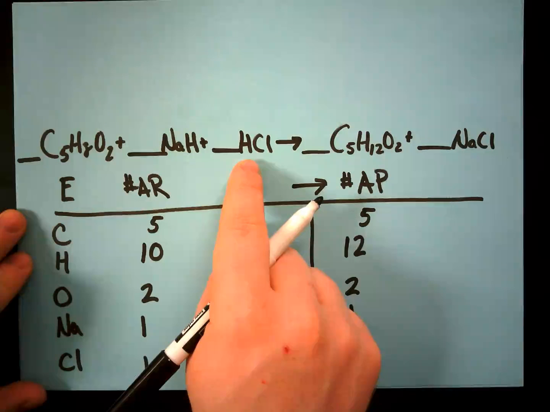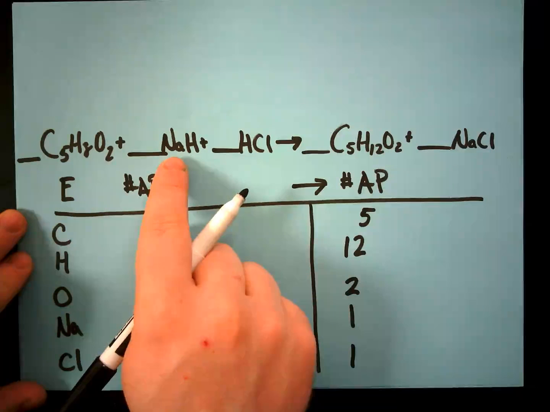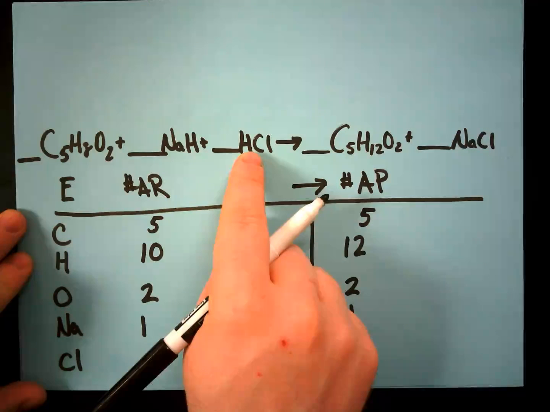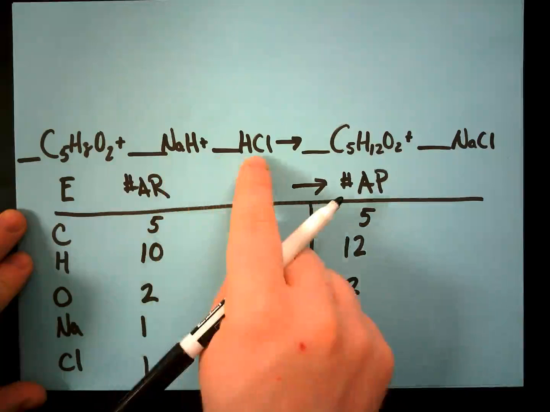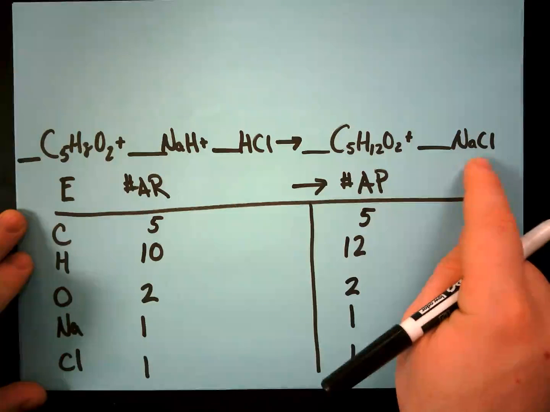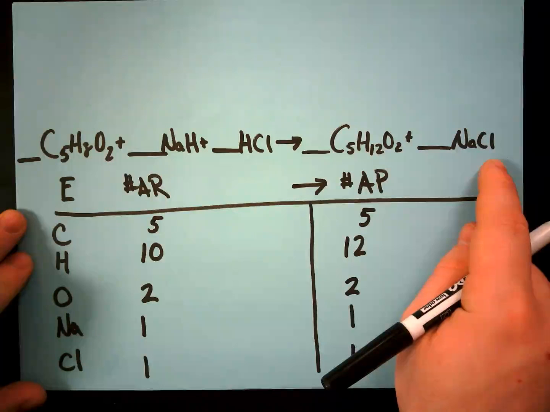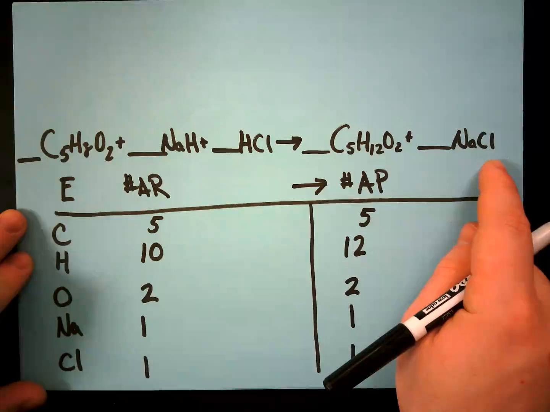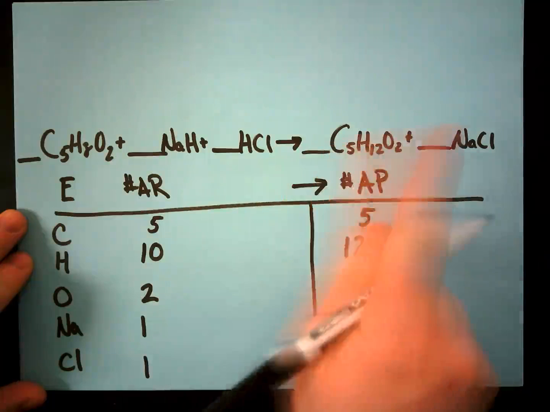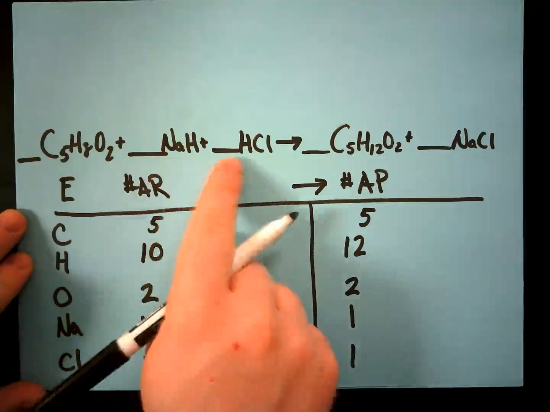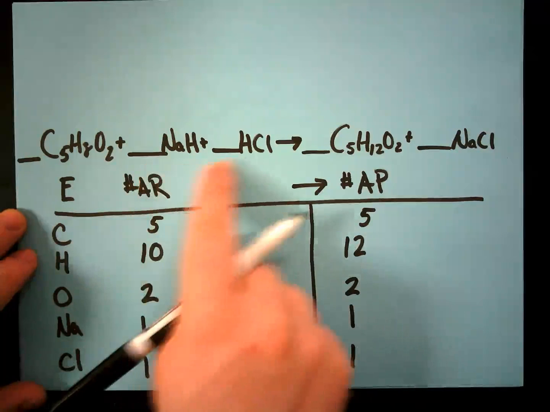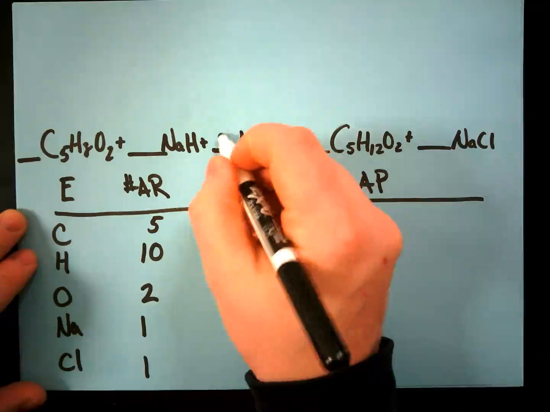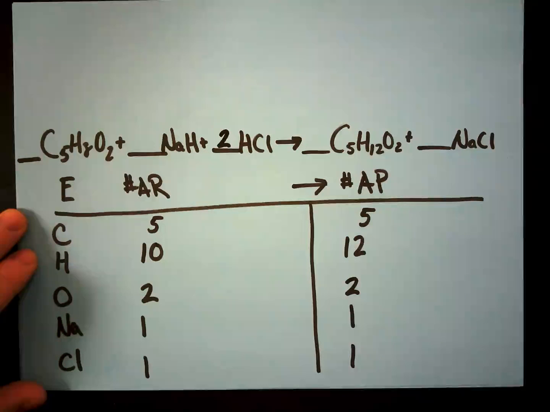Hydrogen's here, hydrogen's there. Sodium's here, chlorine's here, and there's sodium chloride over here, but there's no hydrogen. So maybe this isn't so bad after all, and here's why. Maybe it doesn't really matter who I start with. So let's just toss a 2 here and see what happens.